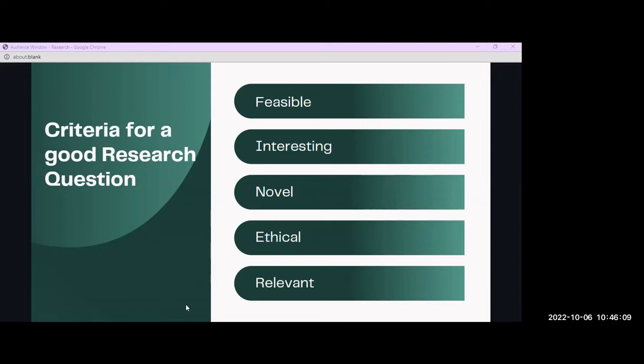So to make your study interesting, you have to look into the priority areas or problems or issues encountered related to your discipline in the Philippines. Okay?